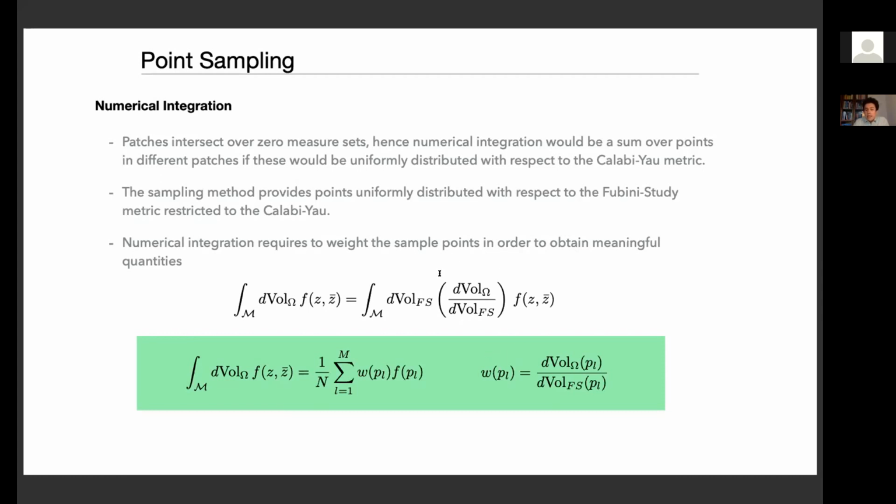This would be basically the weight. And then numerically, I'll be averaging over the total number of points. Oh, sorry, this should be 1/n. This weight times the function evaluated at each of the corresponding points, as you see here. So this is how the numerical integration for the loss functions was computed.